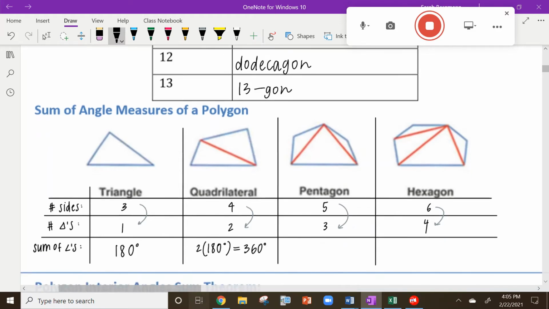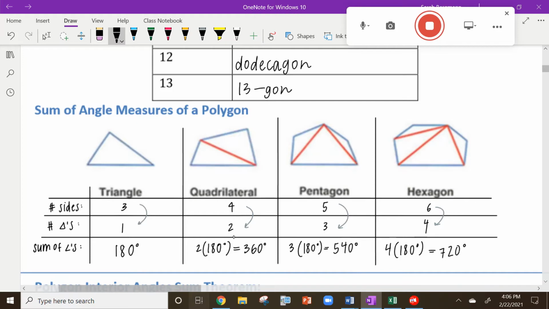A pentagon would have 3 triangles in it, so 3 times 180 degrees, which gives us 540 degrees. Similarly, for a hexagon, since it has 4 triangles, we multiply 4 by 180 degrees to get 720 degrees for the total of all the angles in the hexagon.